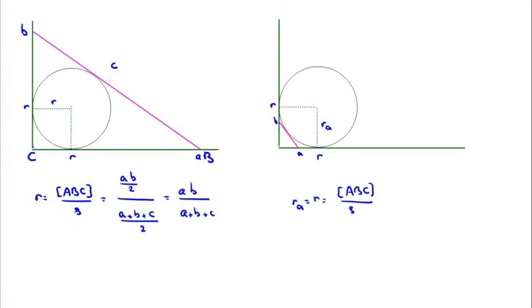It is B, so we call this one B, we call this one A, because this side is this. And then it will be A, it will be B, it will be C.